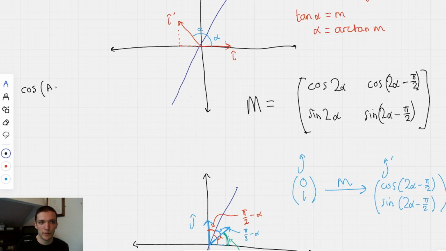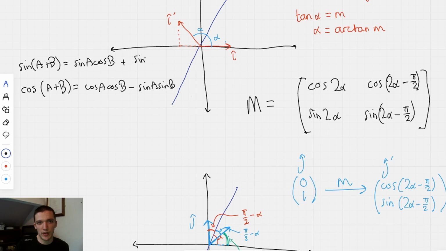So cos of A plus B is equal to cos A cos B minus sine A sine B, and similarly sine of A plus B is equal to sine A cos B plus sine B cos A.